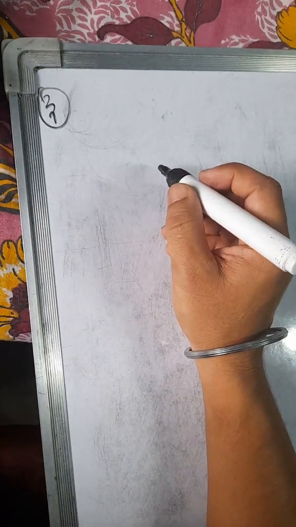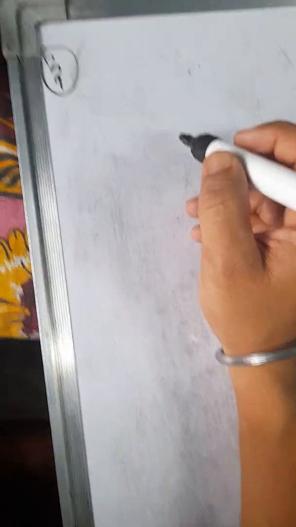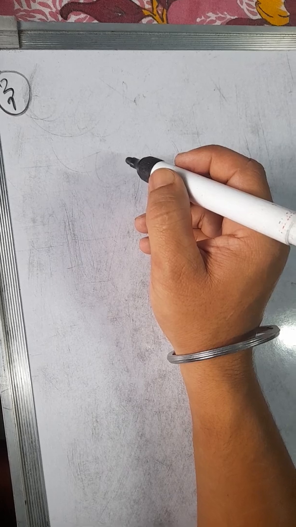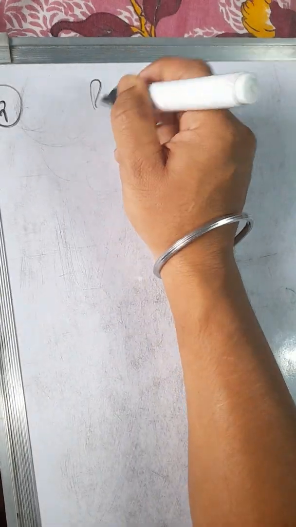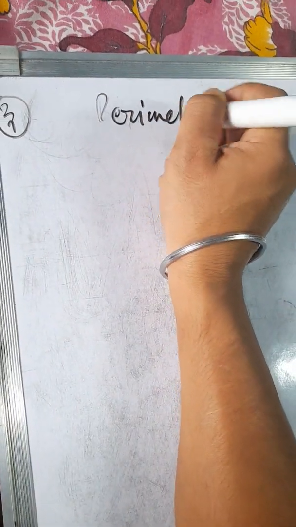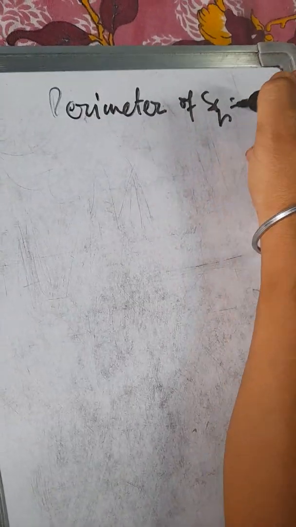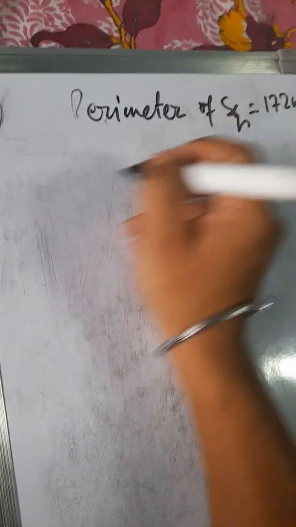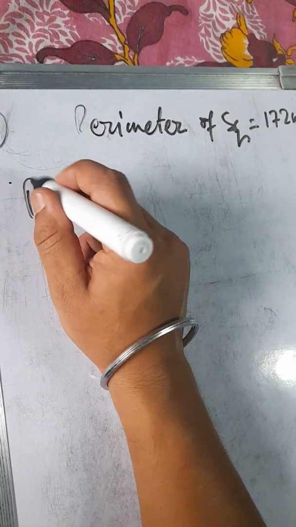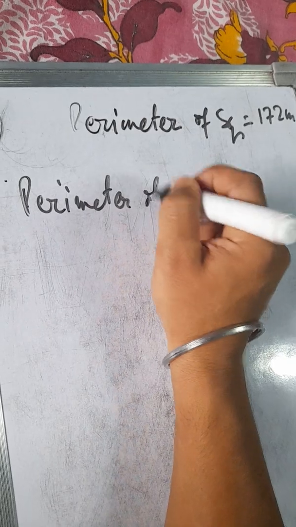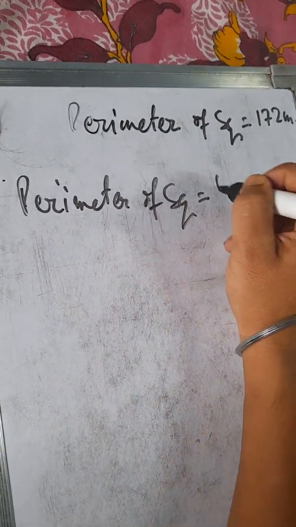Question number 3 is also the same. Find the length of each side of a square plot having perimeter 172 meter. So already the value of the perimeter of the square is given, 172 meter. As we know, the formula for the perimeter of a square is 4a.